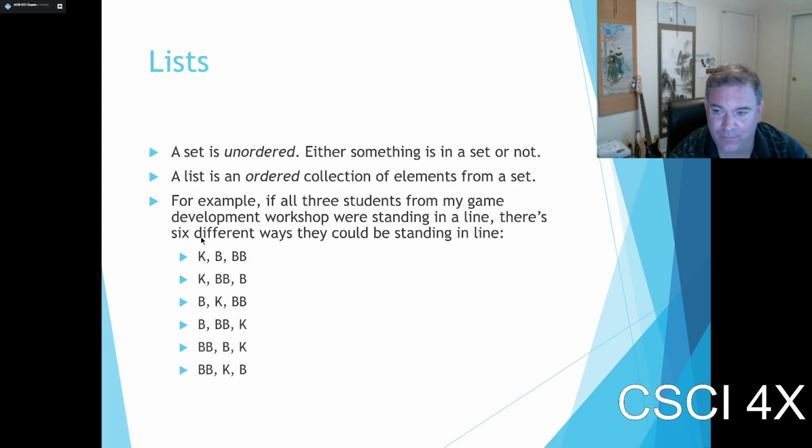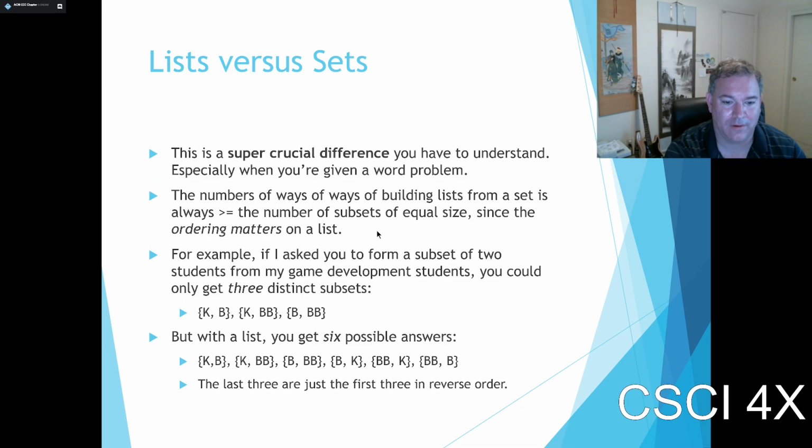And then after the first person is in the line, there's 2 people left that you can pick from. So there's 2 options for the second one. And then after you've got the first 2 people in line, there's only 1 person left. So there's 1 option for the last one. And the total number of possibilities would be 3 times 2 times 1. Or factorial. All right.